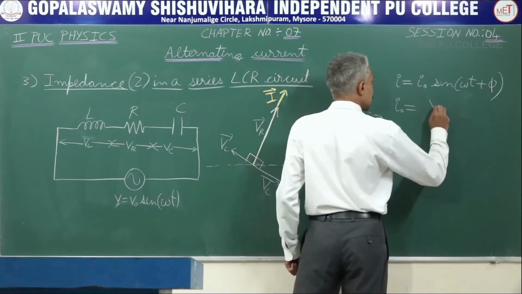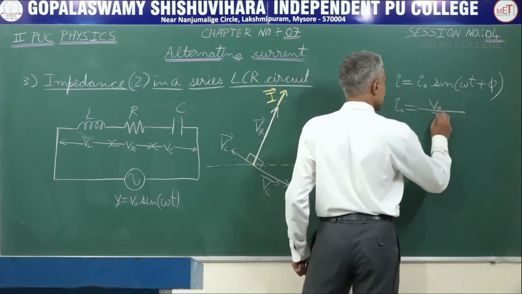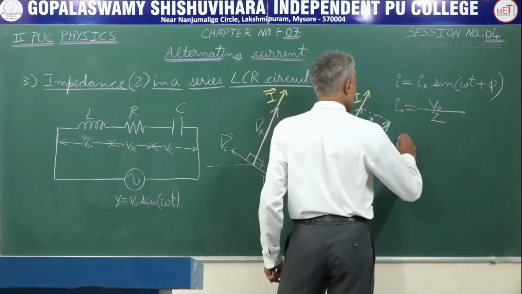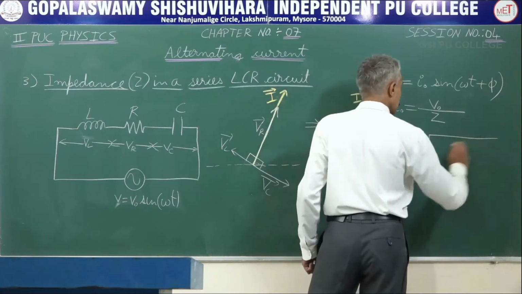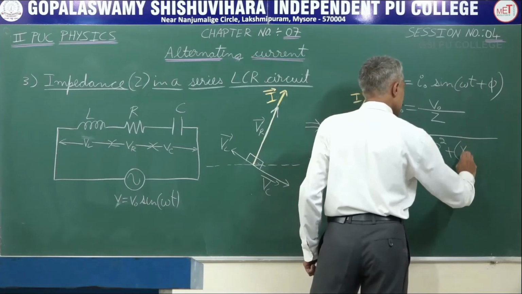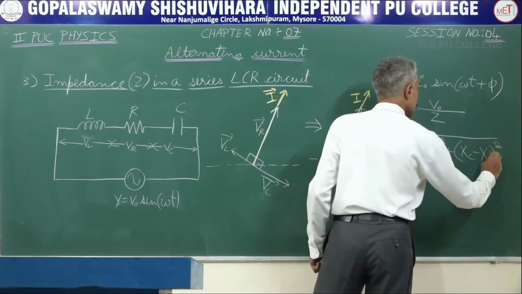The peak current I naught in this case is given by V naught by Z. This Z is what is impedance. Z was given by root of R square plus XC minus XL whole square.